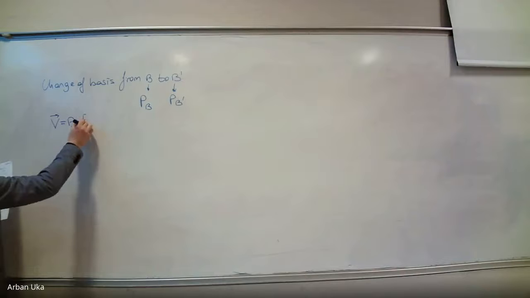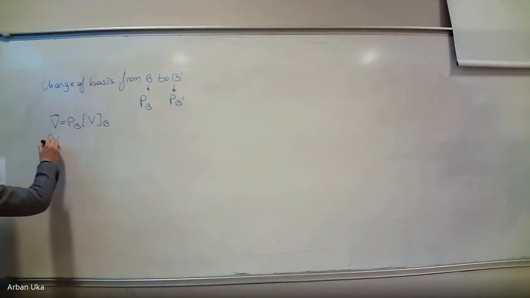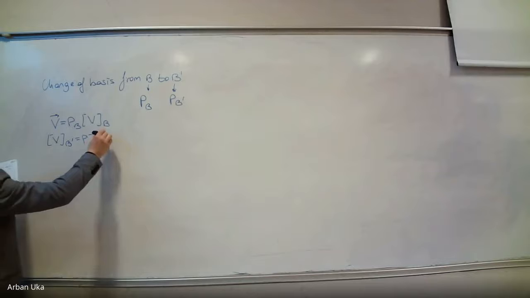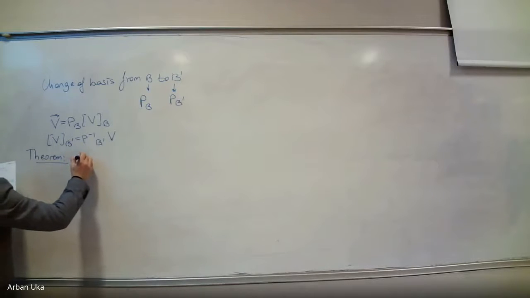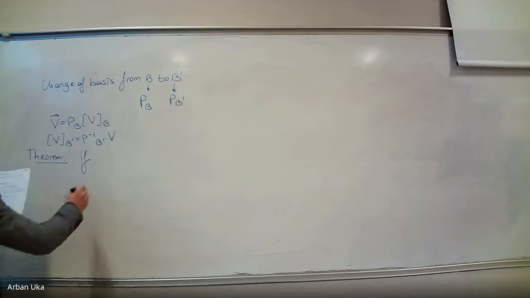This is here, vector B, B. And then we find that B prime is equal to P inverse B prime times B. And we have a theorem, and the theorem, I believe, in fact, what we had on the board before a while, it was really clear, but it's good to see the formulation of the change of the basis also in the formal way.